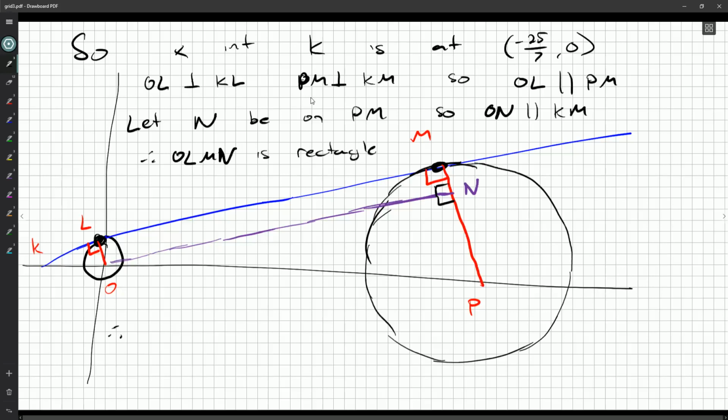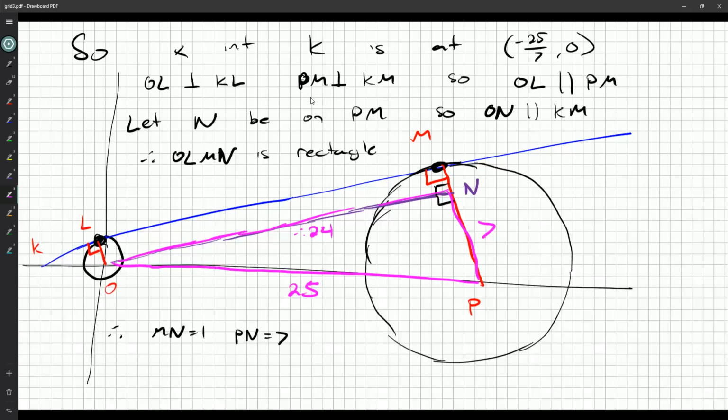That tells me MN is length 1, PN is 7, and then we've got ourselves, we'll use pink, a 25, because it's origin to P, 7, and therefore 24 for our ON. So I think we're getting close to a slope here.